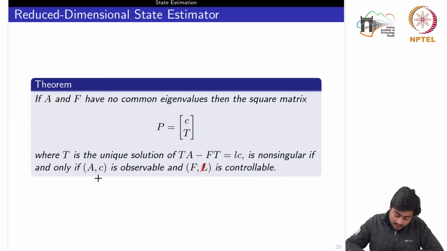We need the observability of the pair A comma C, which we have already ensured, as it is the primary condition for the existence of the observer. Second, the pair F comma L should also be controllable. If both these conditions are satisfied, then the P matrix we have obtained would always be non-singular, because this is an if and only if condition.